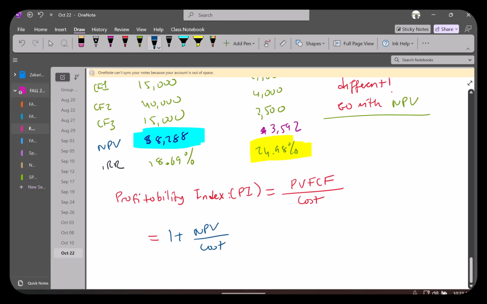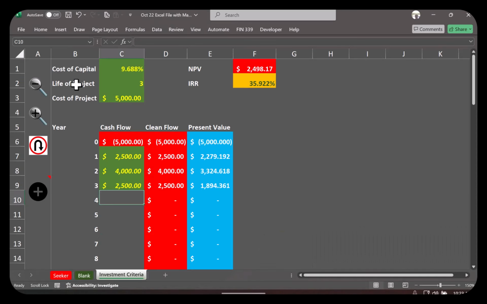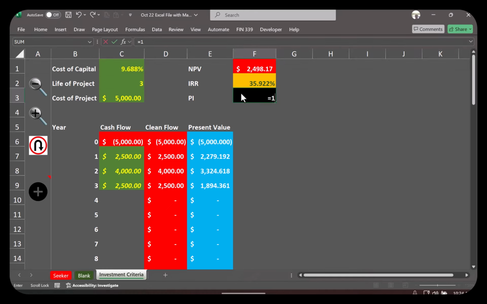So if you already have calculated NPV, calculating PI is not a problem. One plus NPV over cost.